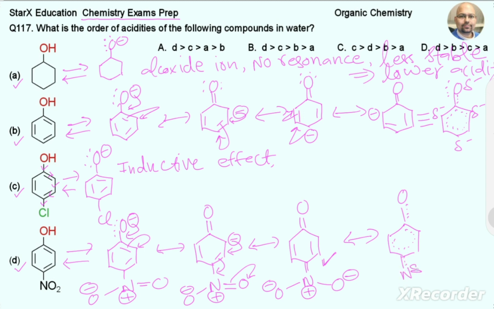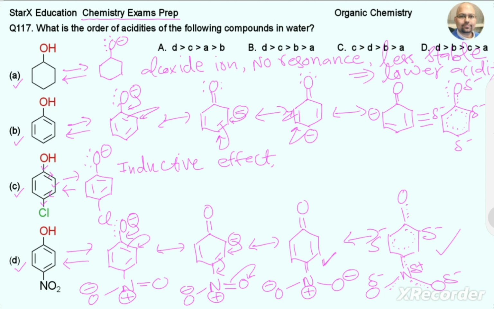So we can quickly see here a partial positive charge on nitrogen and a partial negative charge on either oxygen. Again, the ortho positions carry a partial negative charge, and so this is the resonance hybrid.